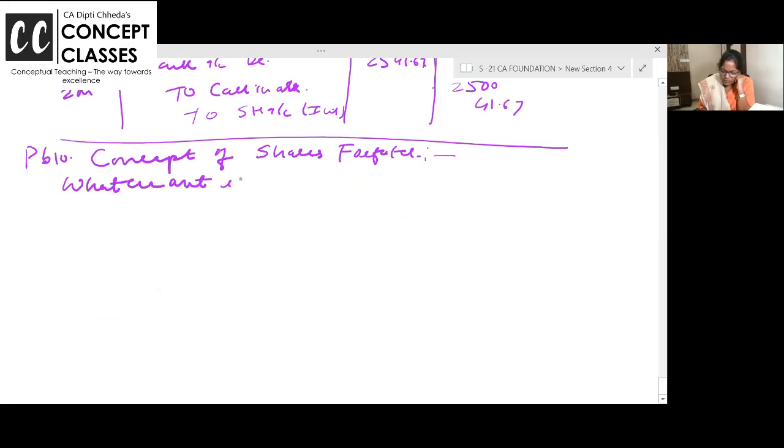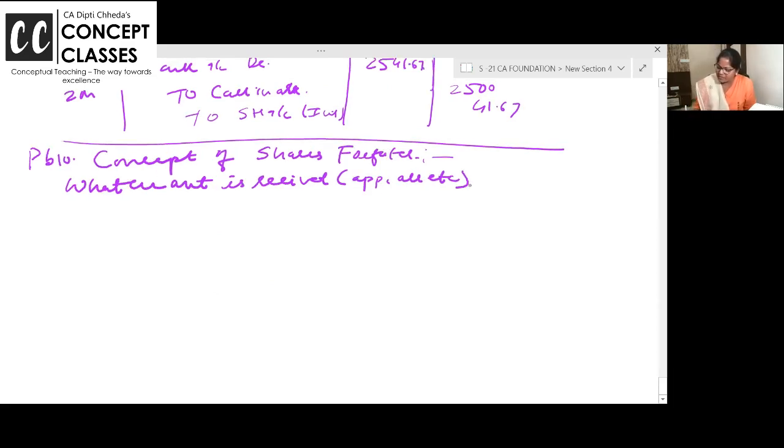Whatever amount is received, application, allotment, etc. जो भी है, whatever amount is received is forfeited. एकदम forfeit कर लो.